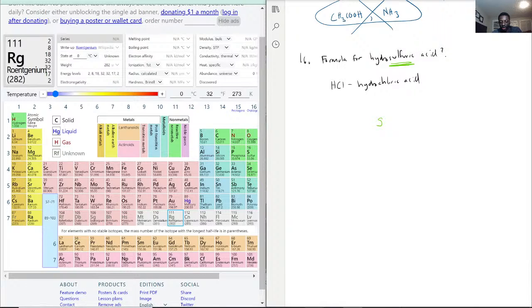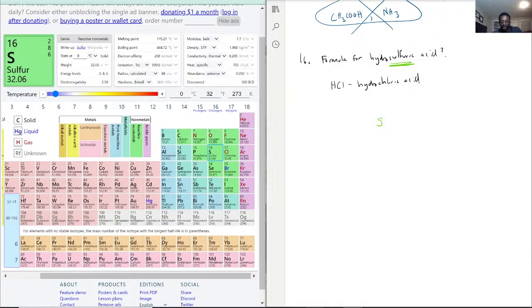Now we need to figure out, and also hydro, we know that it has a hydrogen. But what we do not know is how many hydrogens or how many sulfurs we need. We know hydrogen has only one electron to give away because it's 1s1.